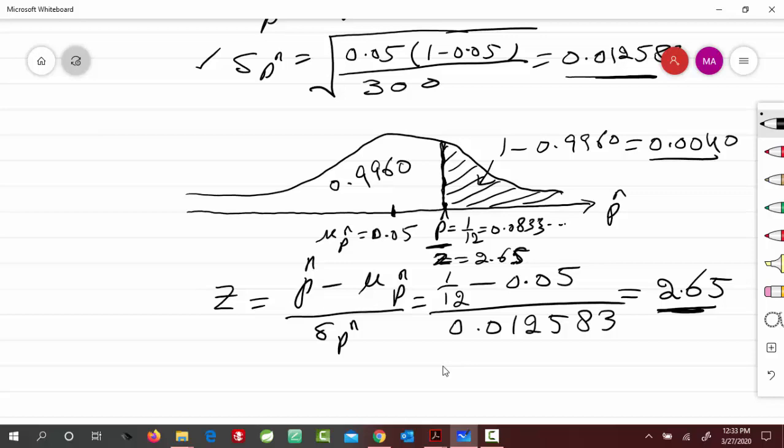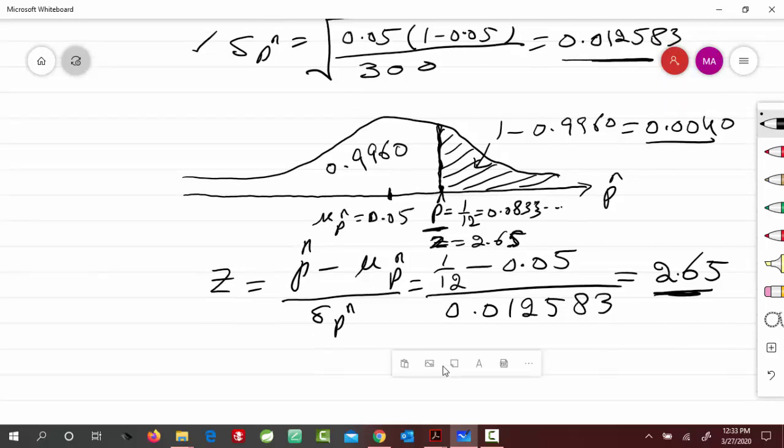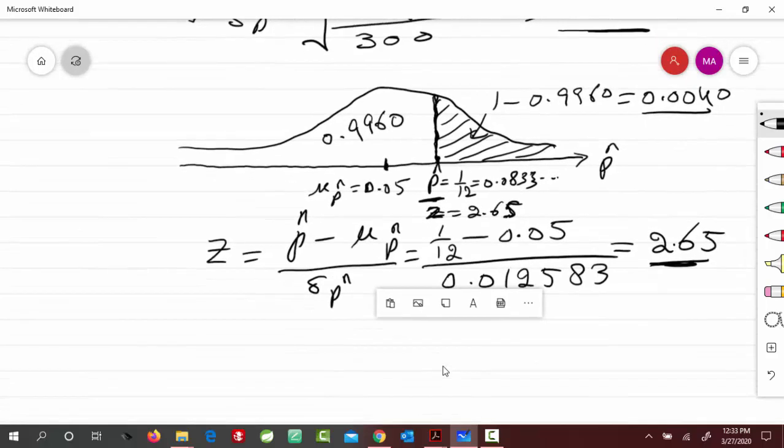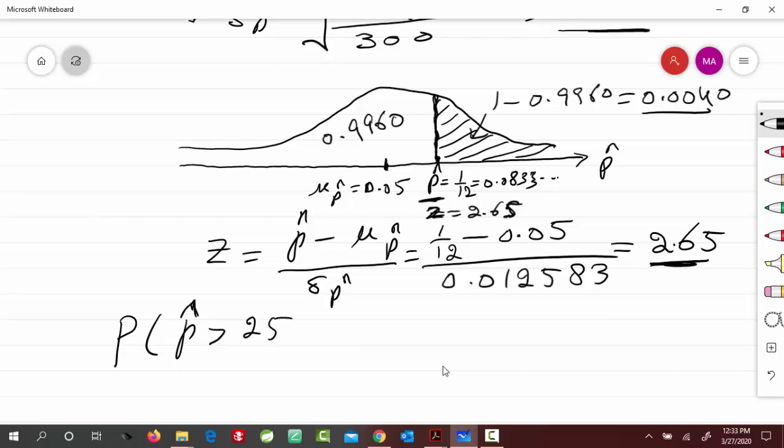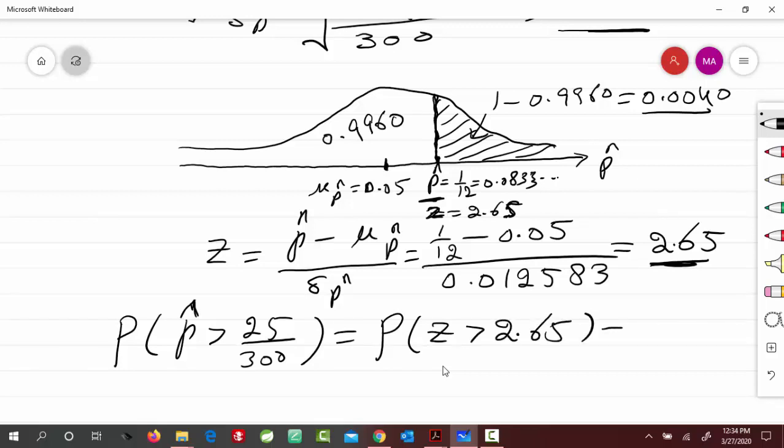That's your answer, and we would write it here: the probability that the proportion would be greater than 25 out of 300 would be the same as the probability that z is greater than 2.65, which is equal to 0.0040.